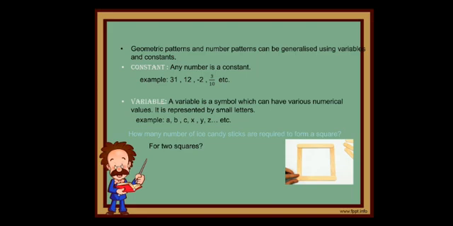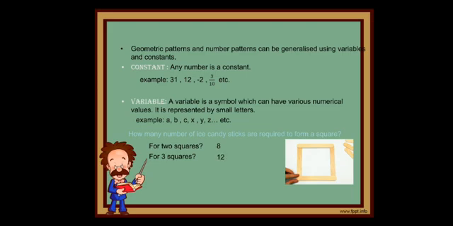Think. For 2 squares, we need 8 sticks. To make one square, we need 4 sticks, so to make 2 squares, we need 8 sticks. Now for 3 squares, we'll require 12 ice candy sticks.